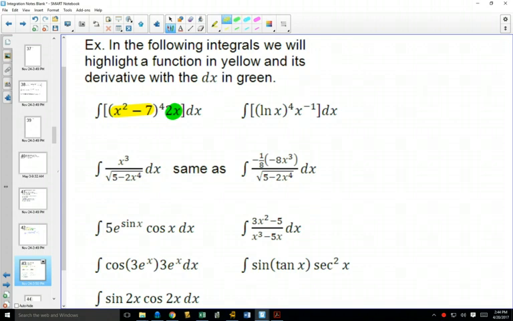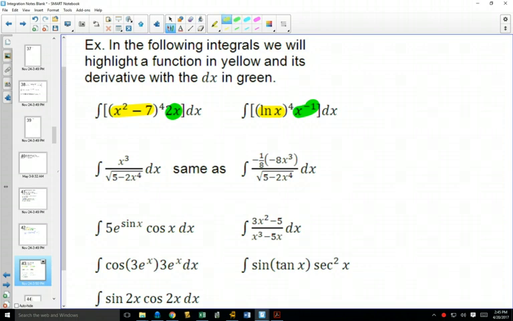Something inside of something else. The ln x is inside of that power 4. What's the derivative of ln x? 1 over x. And that appears as well. So the first part, getting us ready for integration by substitution, is being able to recognize when a chain rule has happened.